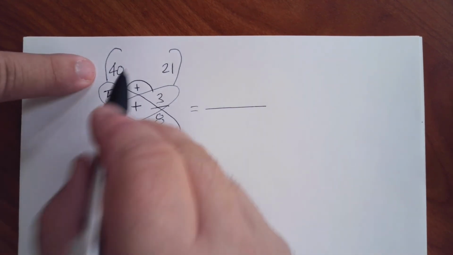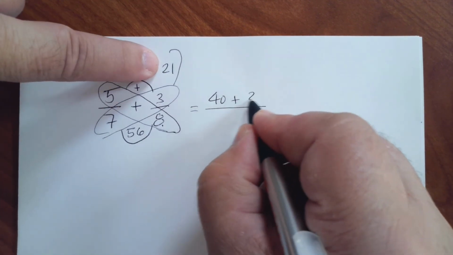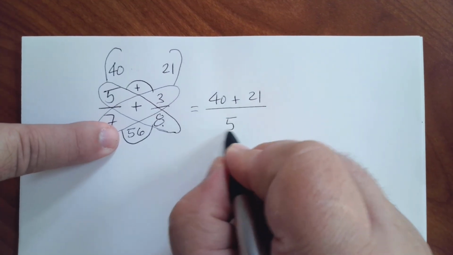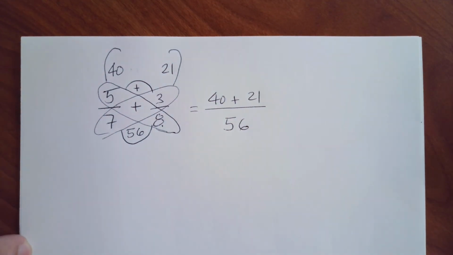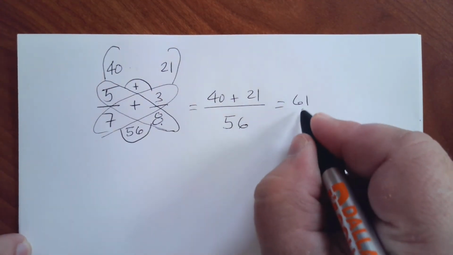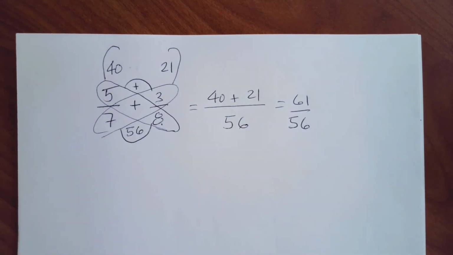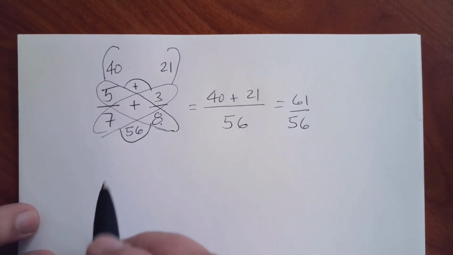Everything you need is there. 40 plus 21 over 56. 61 over 56, and we can simplify it from there. So if you do it this way, there's no real thinking involved. It's just multiply across. There you have it.